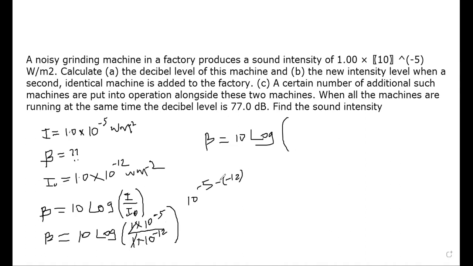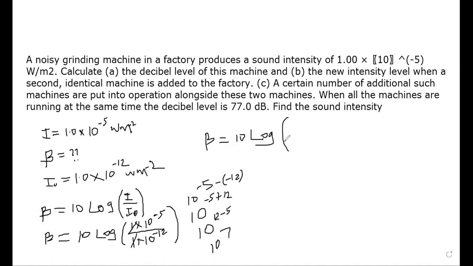Minus times minus becomes plus. So this expression would be 10 to the power minus 5 plus 12, and this will give you 10 to the power 12 minus 5, which is the same thing as 10 to the power 7.